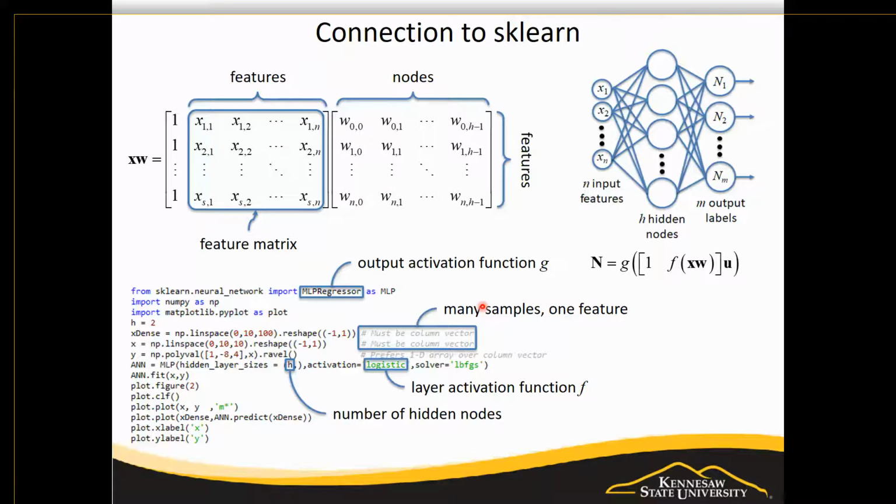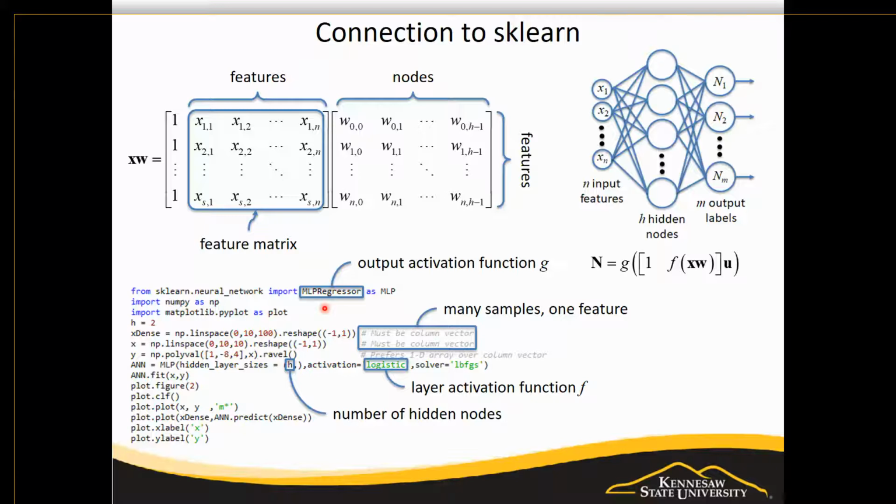Now, if we look at the relationship between all of these things, the N's and the H's and the M's, and how it works out in Scikit-learn. As I was saying, by choosing MLP regressor, that is selecting essentially what the output transfer function is. I haven't been able to find it in the documentation, but I think it's simply the identity function, that whatever the output is, it just takes it.